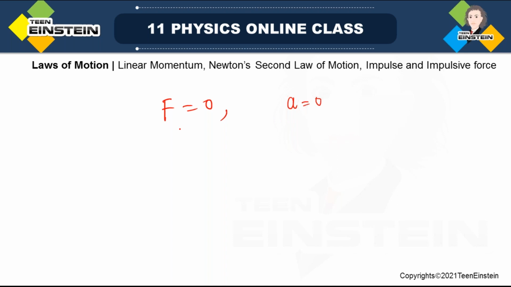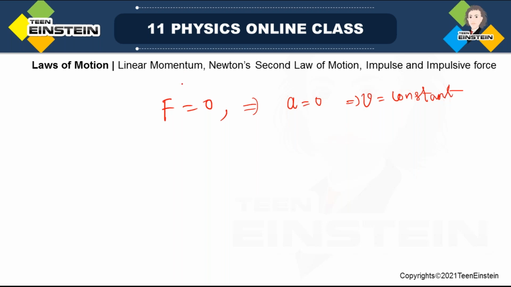That means if some object is moving, it will move with a constant velocity. That means there will be no change in the velocity. If some object is at rest, it will remain at rest forever. So this was actually Newton's first law of motion.